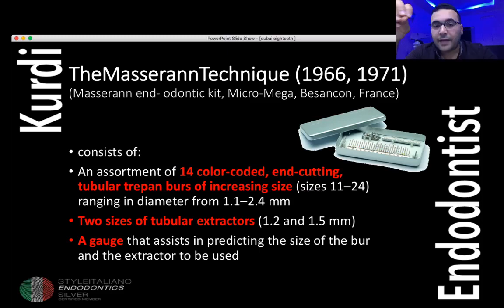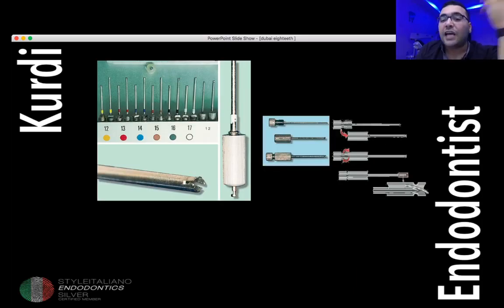Why? It consisted of about 14 trephine burs with different sizes, and they have two sizes of extractors, and these two extractors were very big, 1.2 and 1.5 millimeter. They were very big and aggressive inside the canal to remove an instrument.